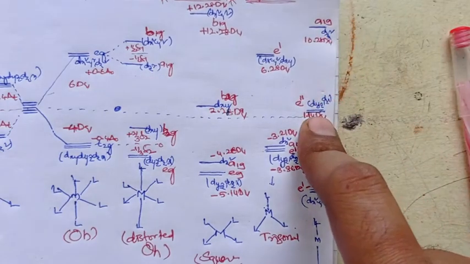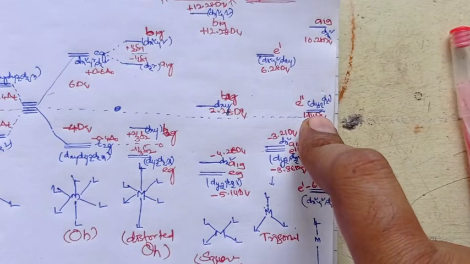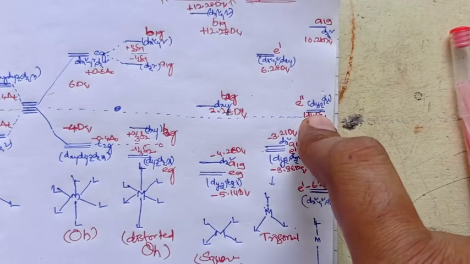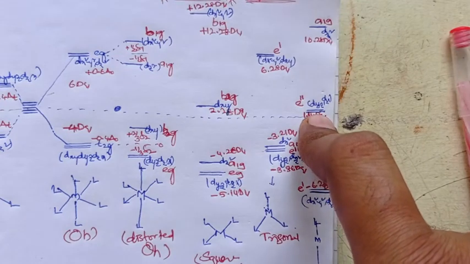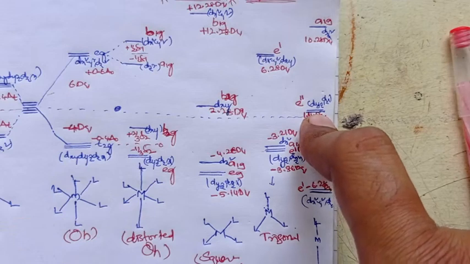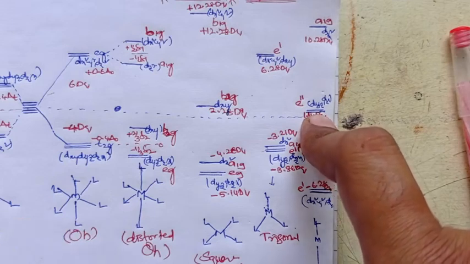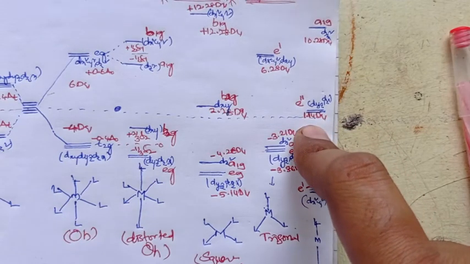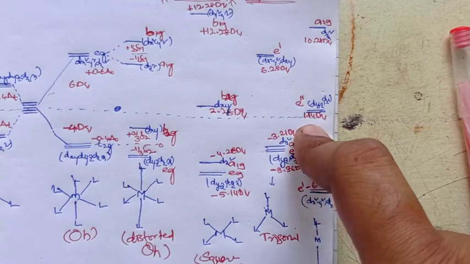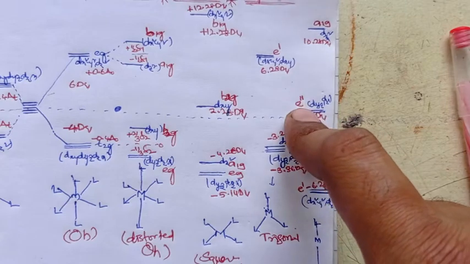Next, the dxz and dyz orbitals have slight, very partial interaction, which makes the orbitals reach slight excitation, 1.14 Dq in energy, represented with E double bar.